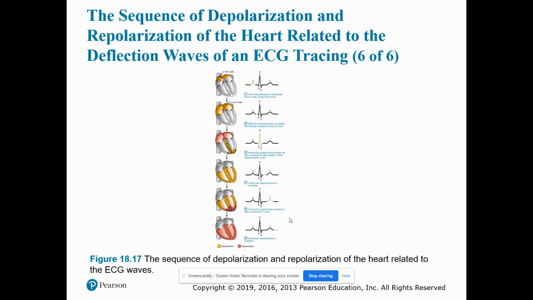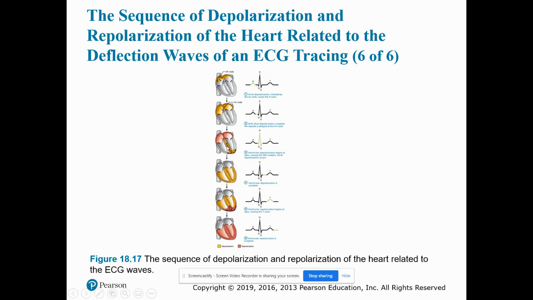This is showing the sequence of depolarization and repolarization of the heart related to deflection waves of an ECG tracing. So what we have here, the SA node doing its thing, causing atrial depolarization. That's reflected here as the P wave. It gets to the AV node, so we're here.